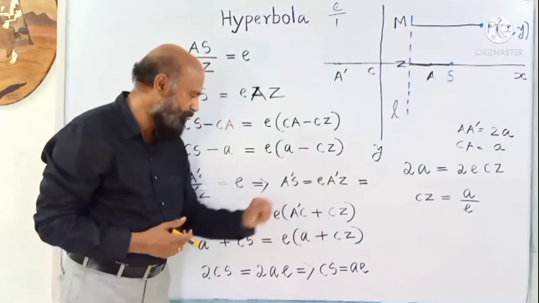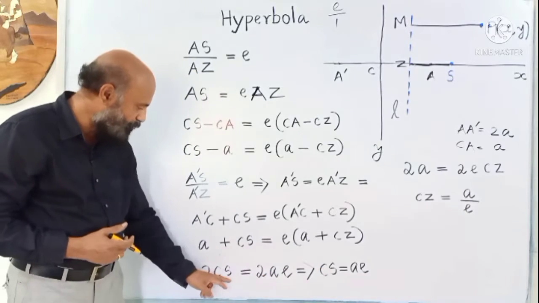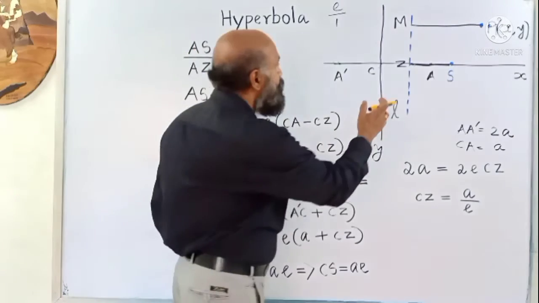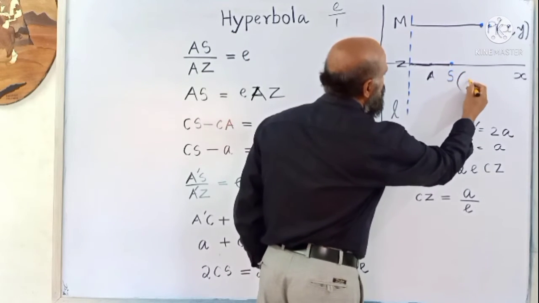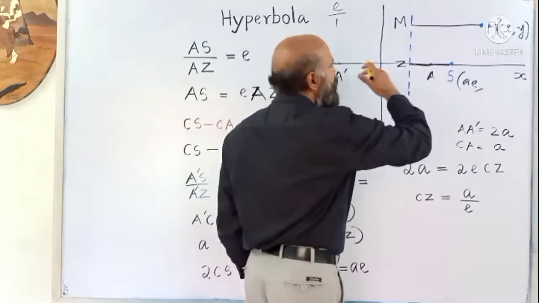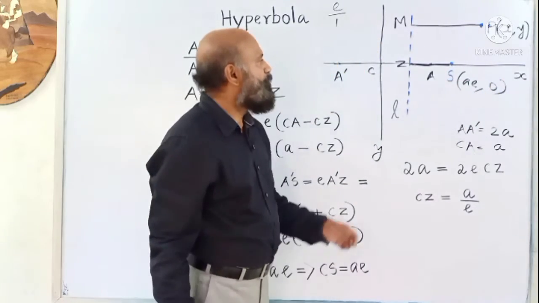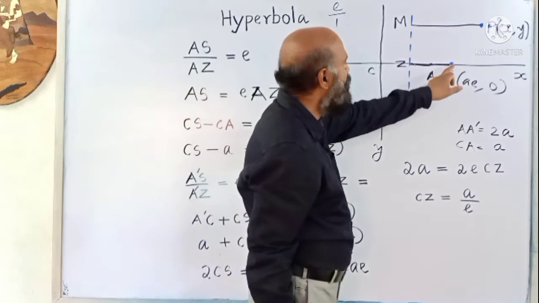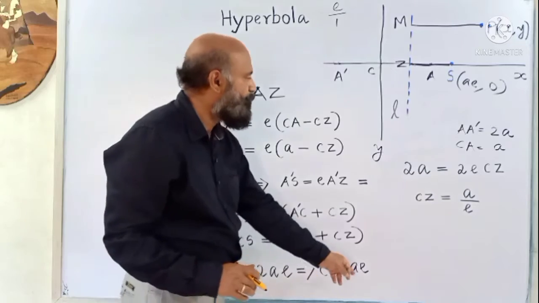So from this we get CS is ae, this 2 gets cancelled. So we are getting the coordinate of S. It is on the x-axis, so the y coordinate will be 0. S is (ae, 0).